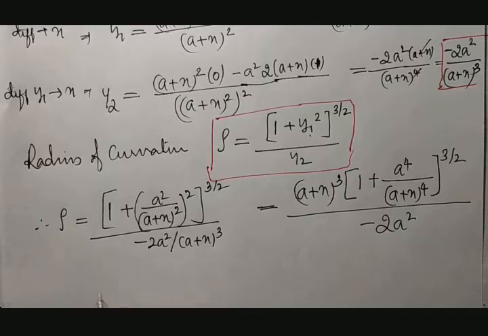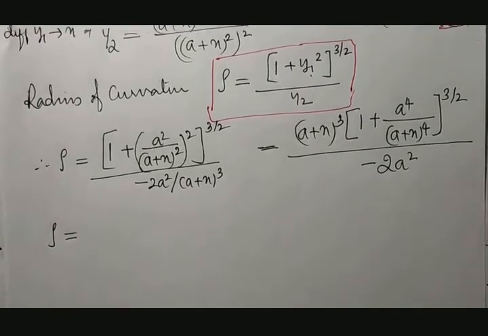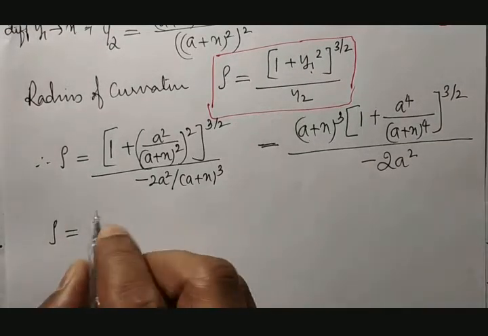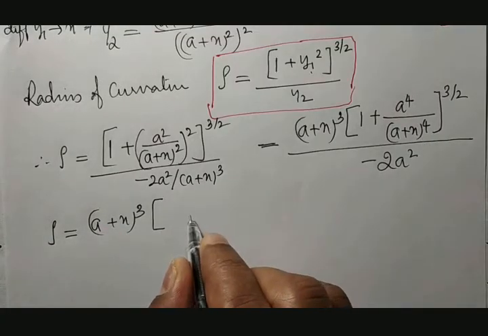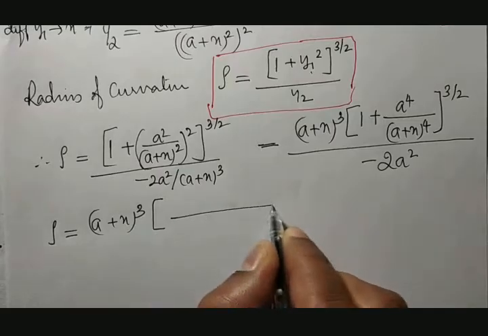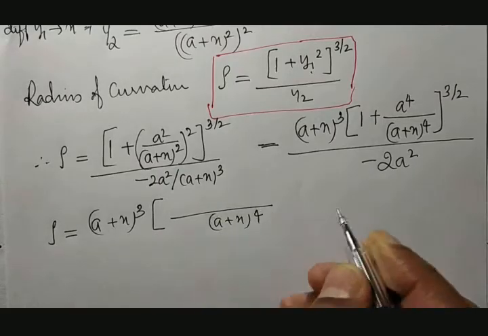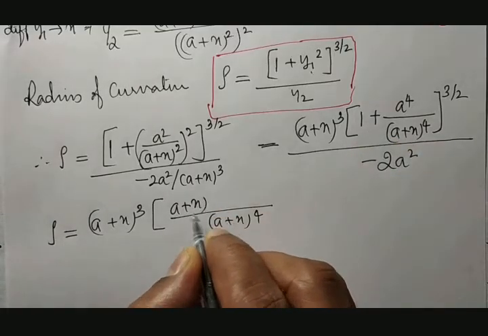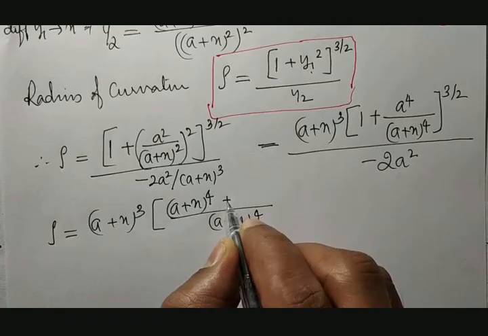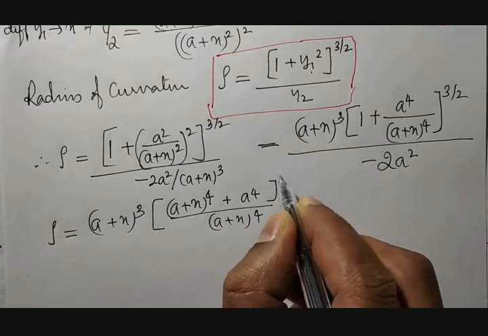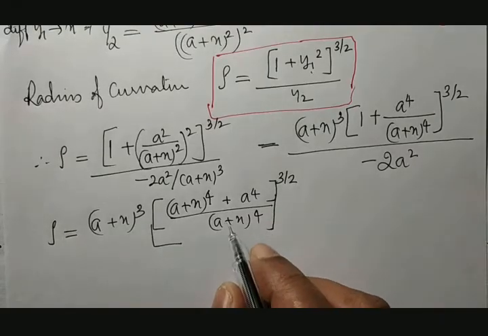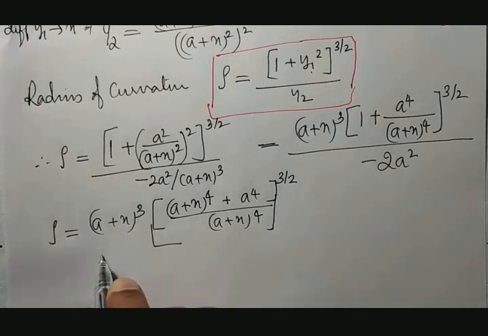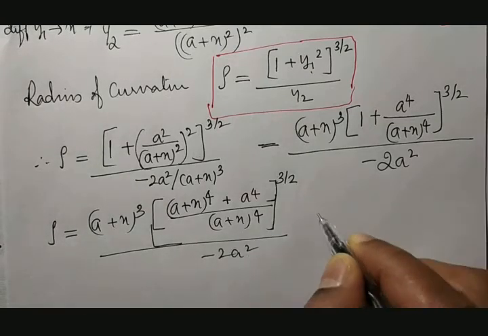Therefore, what next? Rho is equal to, let us take its LCM. If you take LCM here, then it becomes a plus x the whole cube into bracket. If you take LCM here, that is a plus x raised to 4, then it is 1 into a plus x raised to 4 plus a raised to 4, that raised to 3 by 2. Fine, this whole thing, that raised to 3 divided by 4. This whole thing divided by minus 2a square.